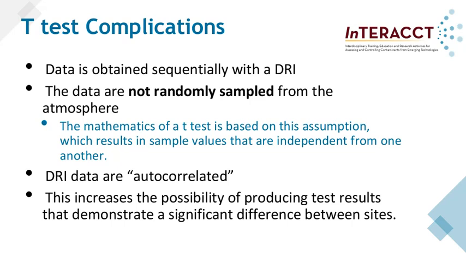High concentrations correlate well with the next value, which is also high, etc. The consequence of this is that when the data are autocorrelated, it greatly increases the possibility of producing t-test results that demonstrate significant differences between sites, which is called inflating the alpha error. The test says they are different when they are not.